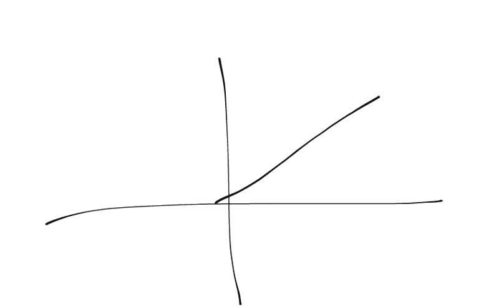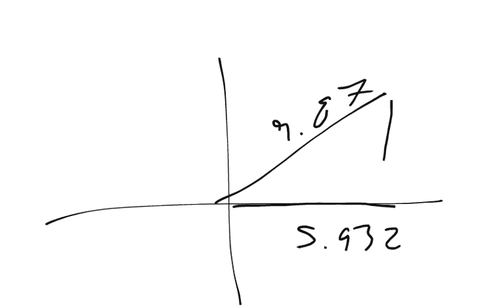What you know now is that you have this line that's 9.87, this x value that's 5.932, and this y value that is 7.89. Now we can use sine or cosine.